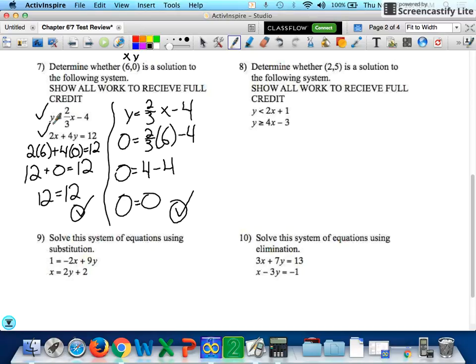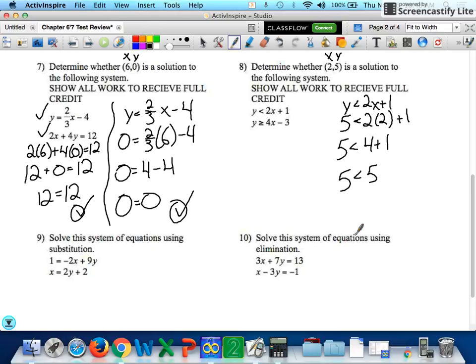Moving on to number 8, we have these inequalities this time, but it's still X and Y. Our first one, we had Y is less than 2X plus 1. We plug in a 5 for Y, and we plug in a 2 for X. And then we evaluate our statement.